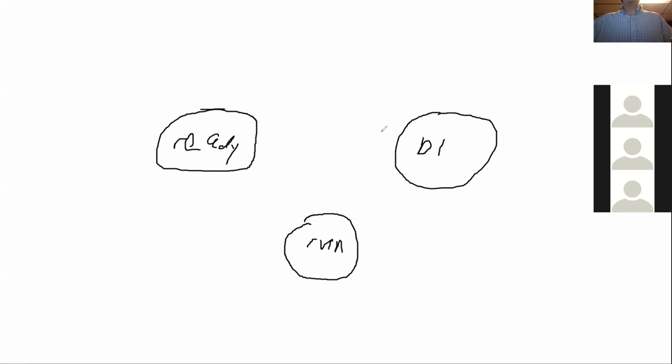Okay, and you go from blocked to ready, you go from ready to run, you go from run to blocked, but you can also go from run to ready if your time slice ends.